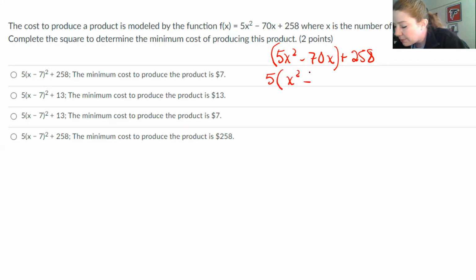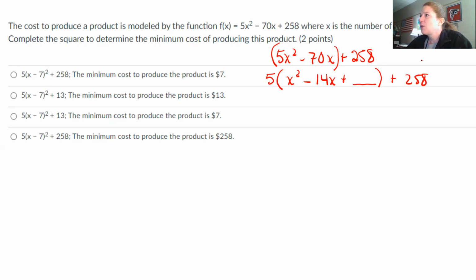And 70 divided by 5 is what? 14. All right, now remember we added a blank, and then here's our plus 258. Now we are going to half -14. What is half of -14? That would be -7.